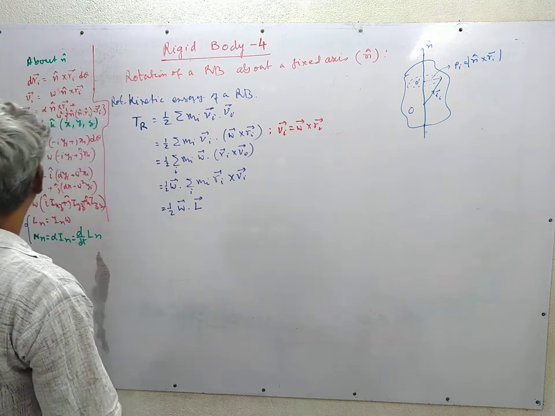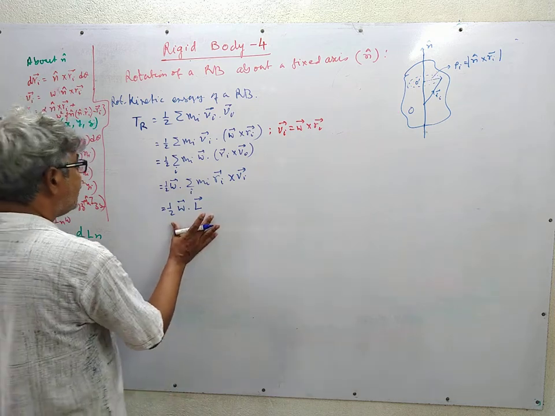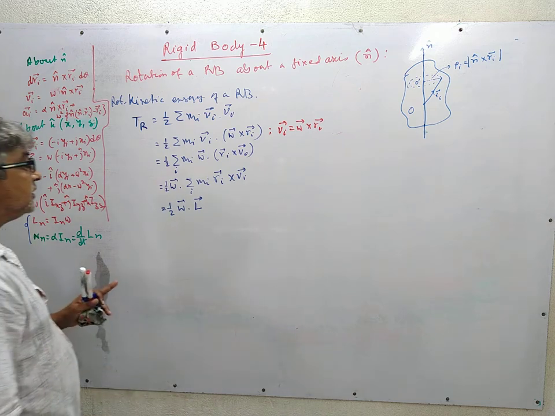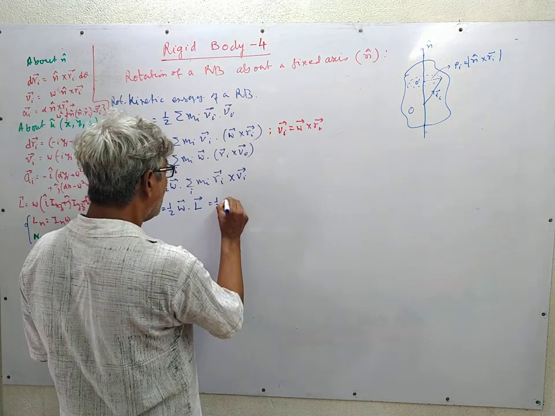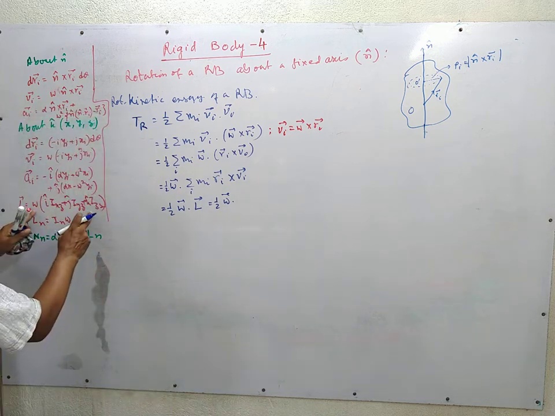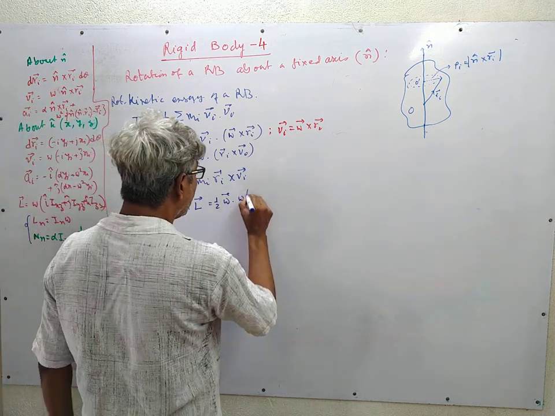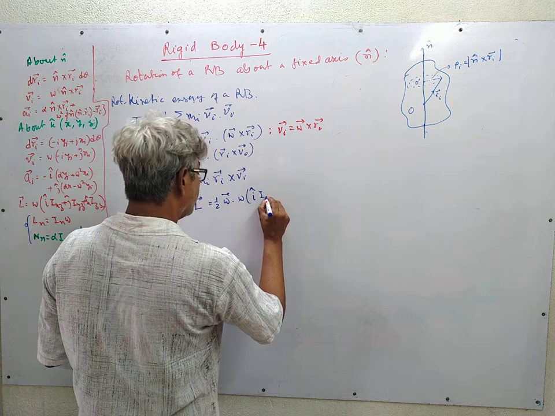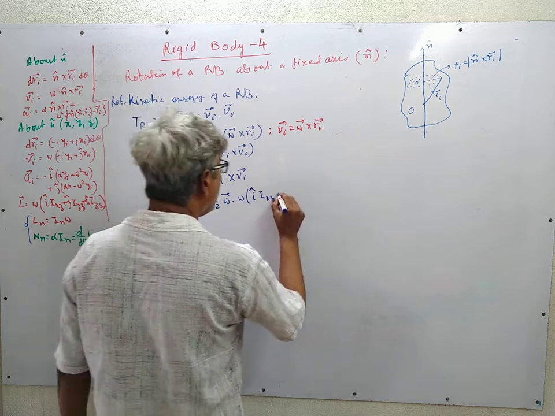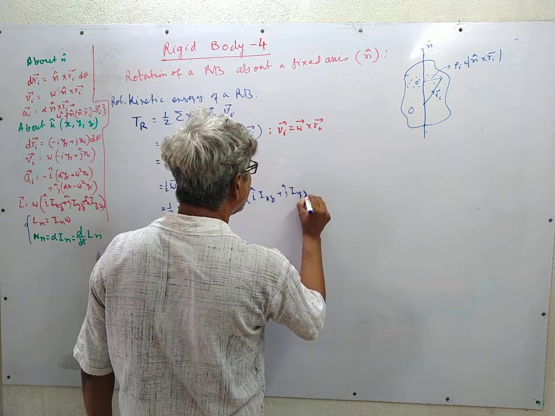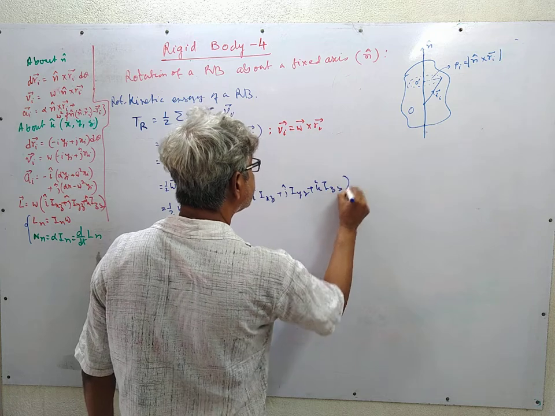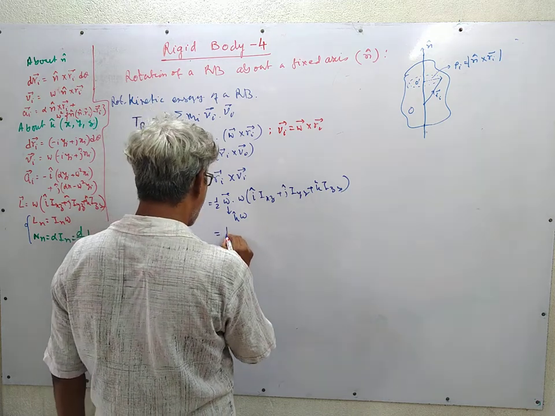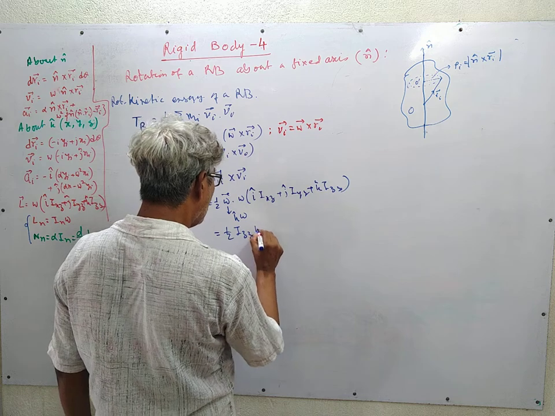If we write L in terms of its components, half omega dot L, for L we write omega times I, that is I_xx i cap plus j cap I_yz plus I_zz k cap, and omega is written as k cap omega, then this simply becomes half I_zz omega square.